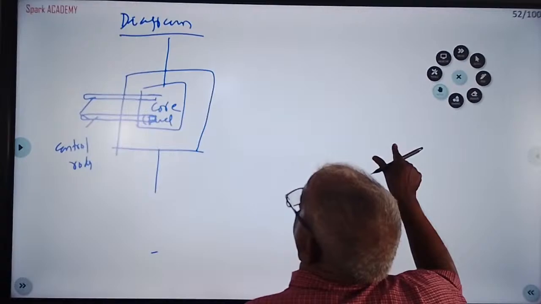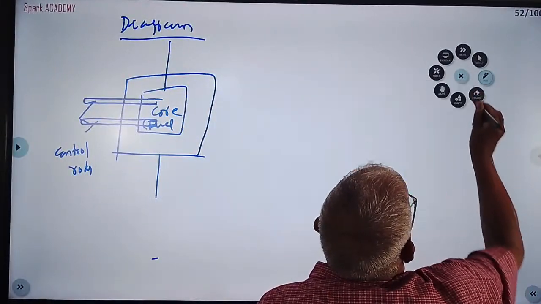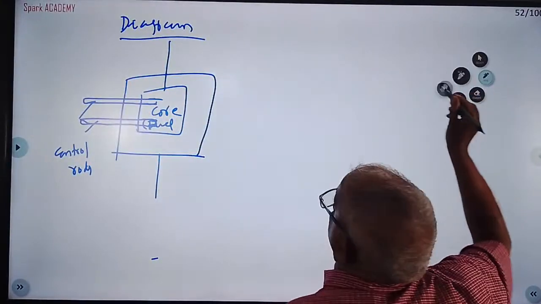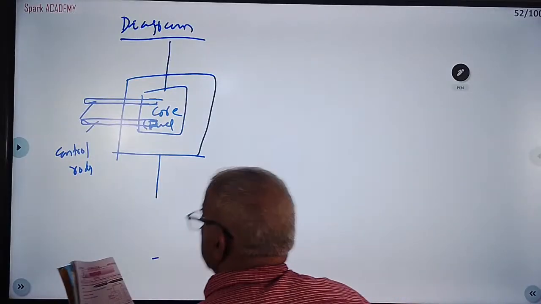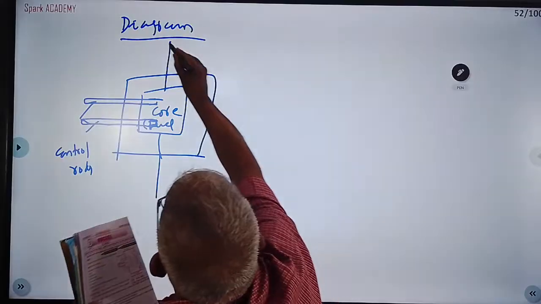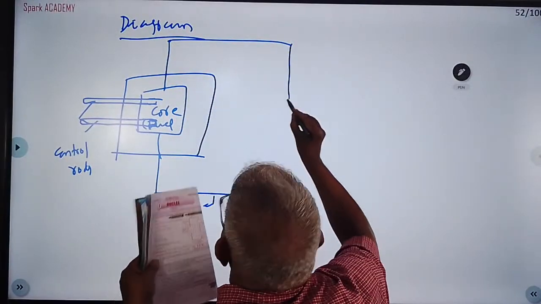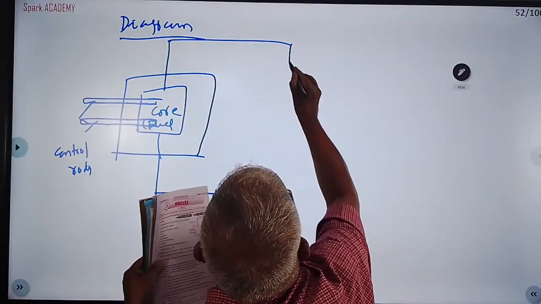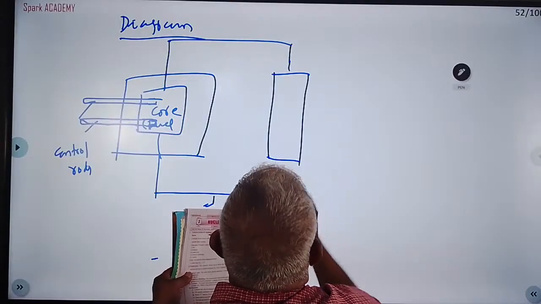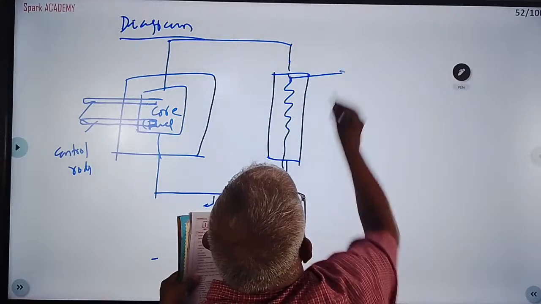Diagram is very important. I'll show you the diagram. Okay, student, this is the diagram. Here the coolant connection is there. Here a steam exchanger coil will be there, and the coil is there to make steam.